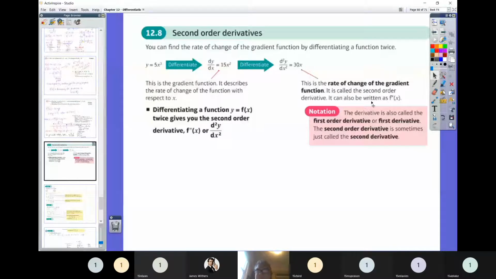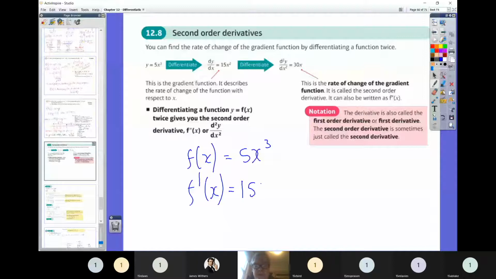Now, alternative notation, if you look over on the right-hand side. If we just called it f of x equals 5x cubed, then as you know, differentiating it, you write f dash x, and that would be your 15x squared.